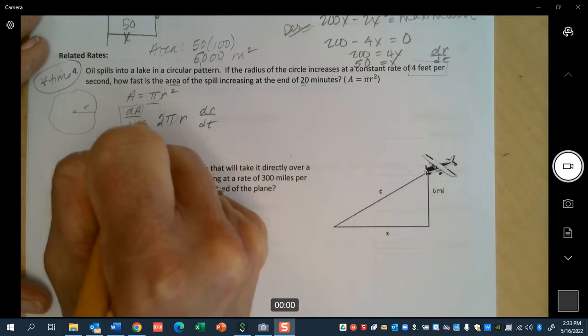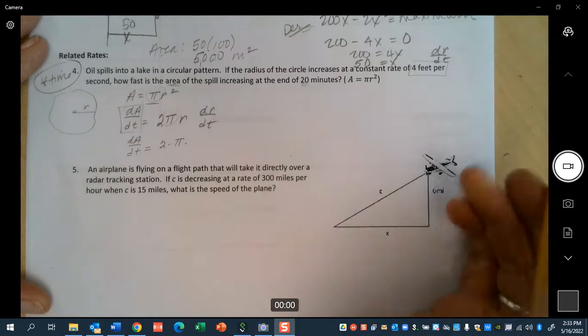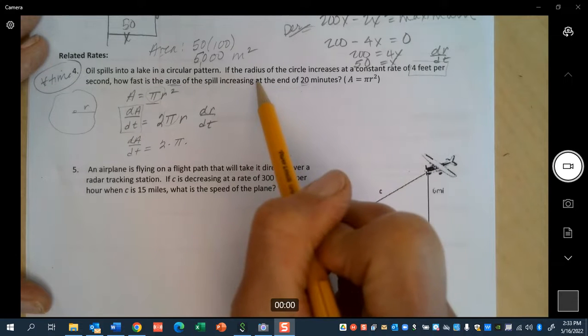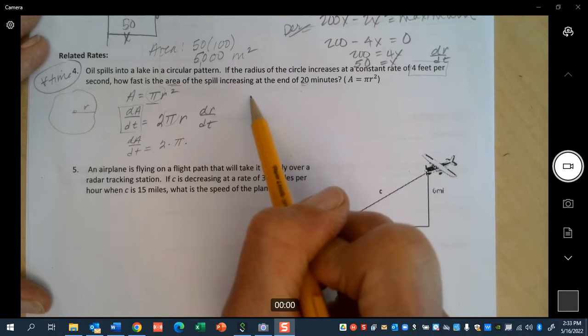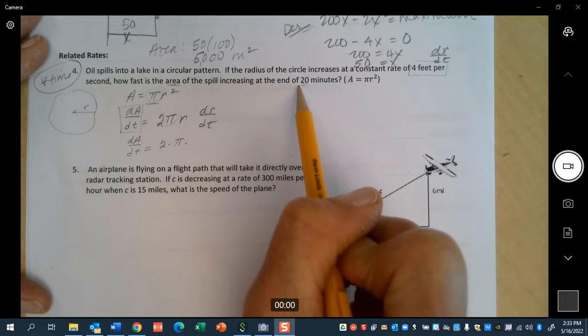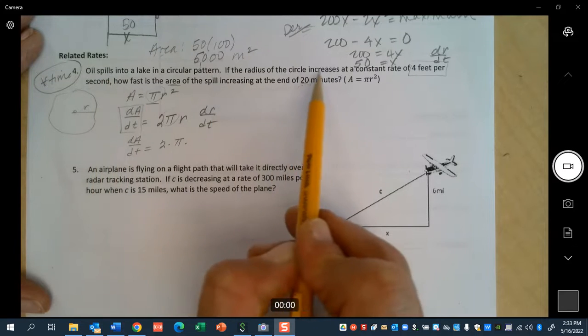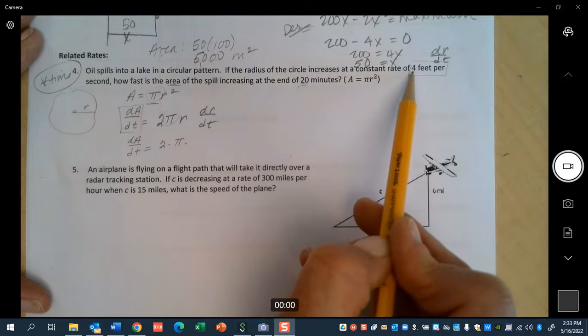My change in area with respect to time is equal to 2 times pi, and it said my radius at the end of 20 minutes. I need to figure out what my radius is after 20 minutes. Oil leaks in a circular pattern. Radius of the circle increases at a rate of 4 feet per second.